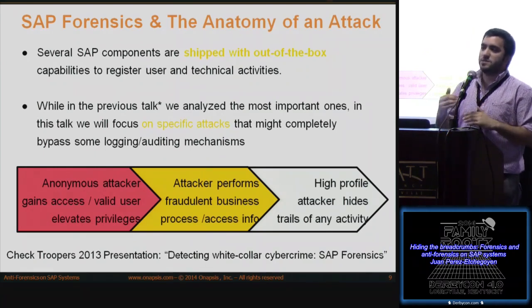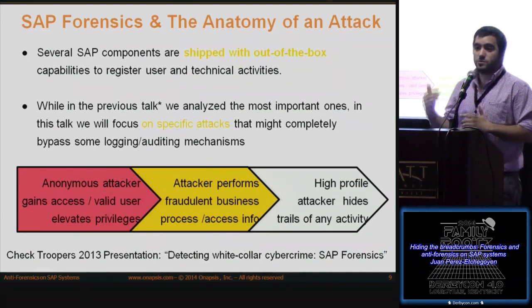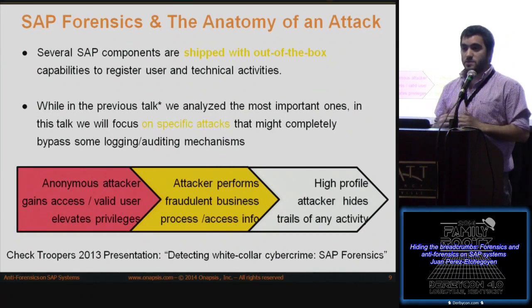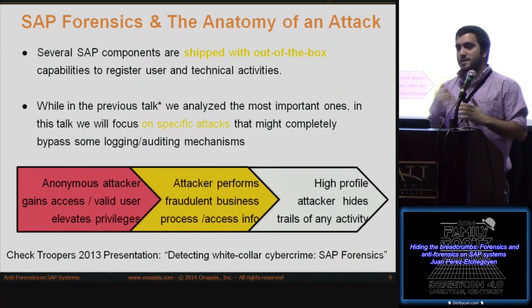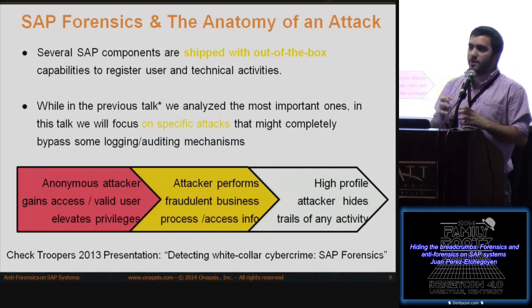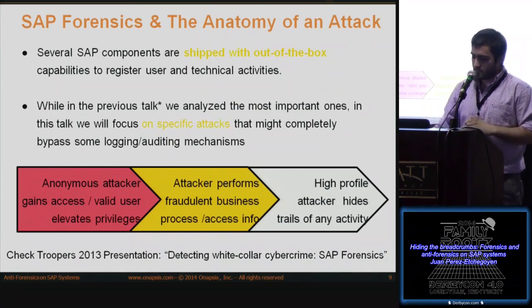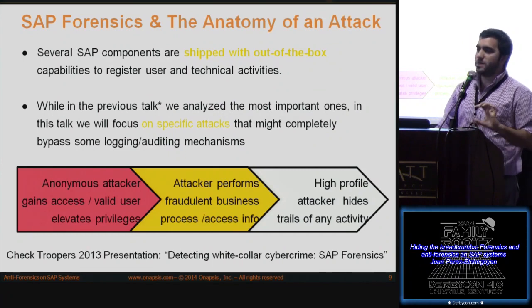And then if the attacker is skilled enough, he will try to hide his trails. He will do some attacks in order to avoid being discovered. So I encourage you to go to the other presentation. That's more on the forensics part.